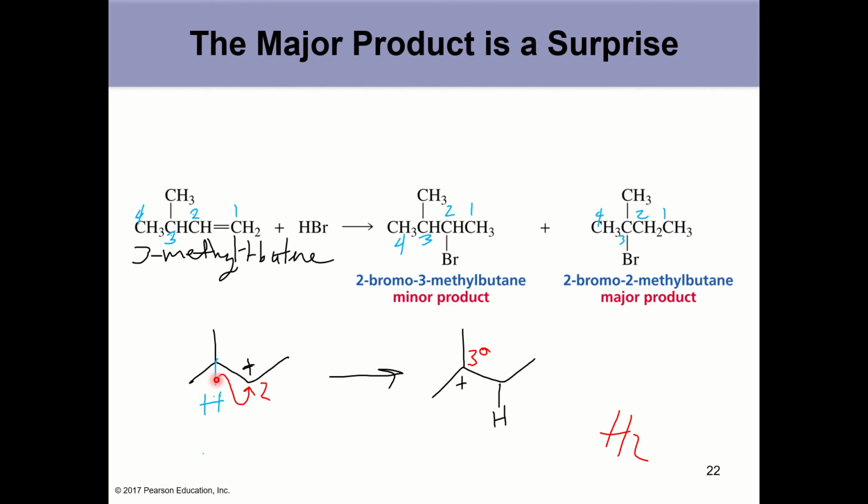The hydrogen bonded there will shift, including its electrons. When hydrogen shifts, including its bonding electrons, we call that a hydride shift, or H-. So the bond and the hydrogen both move over to carbon 2, and then the positive charge shifts to carbon 3.